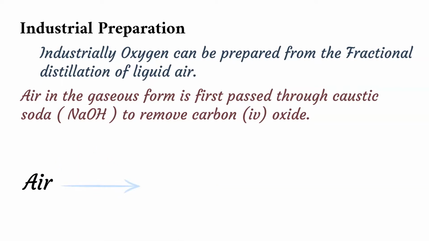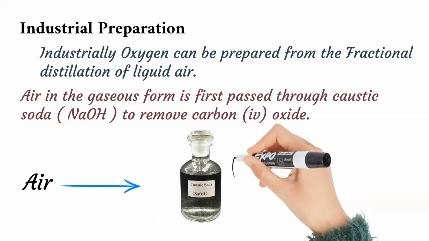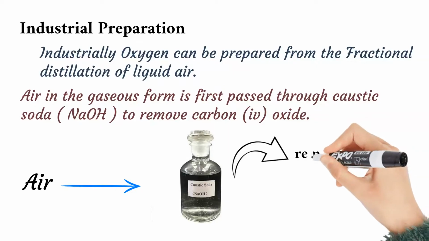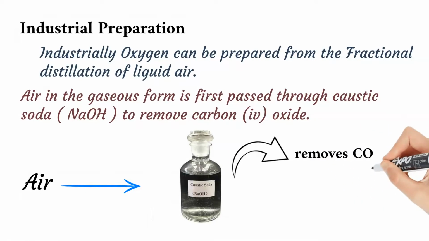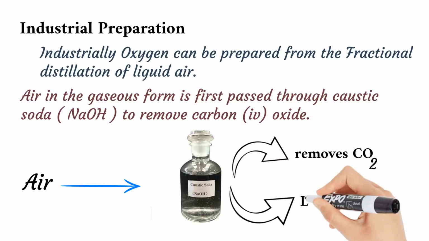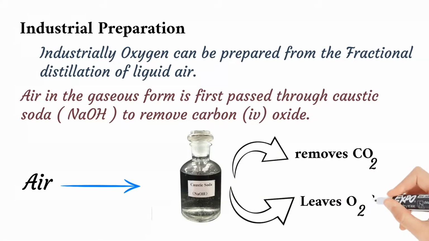Air passes through caustic soda, which is sodium hydroxide. After passing through the sodium hydroxide, what is removed is CO2. So what remains now is oxygen and nitrogen, those two things will now be there in large quantity.